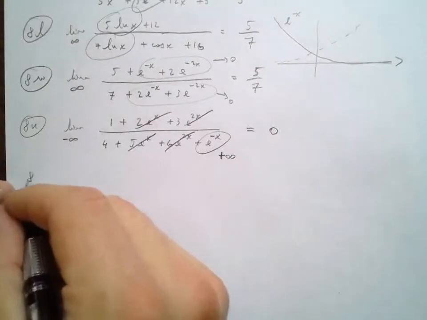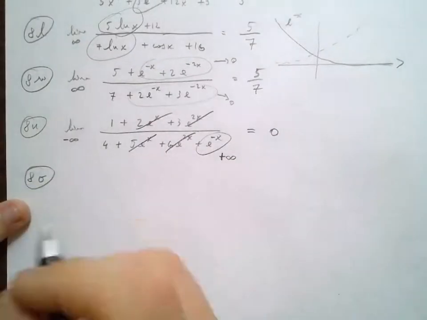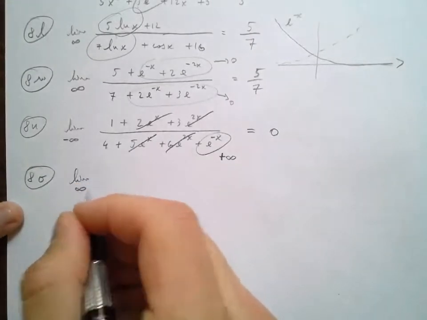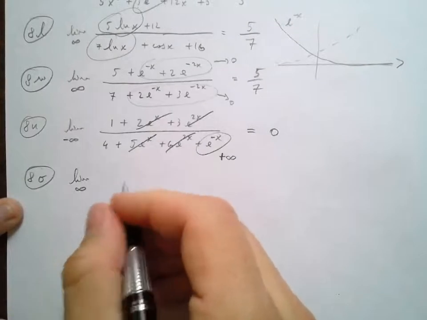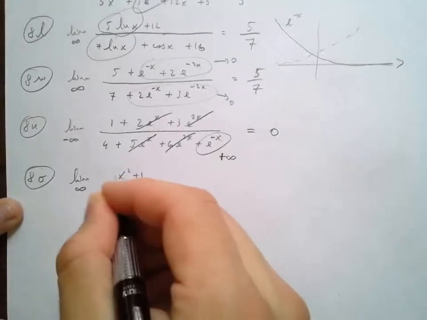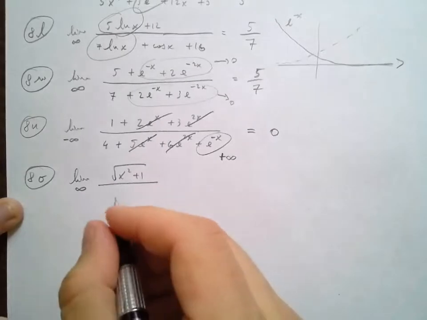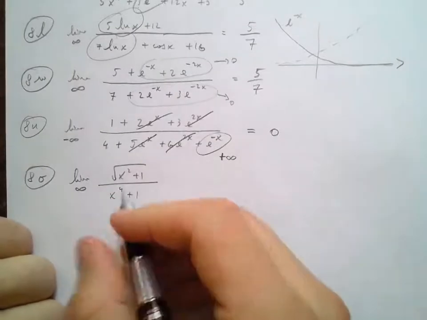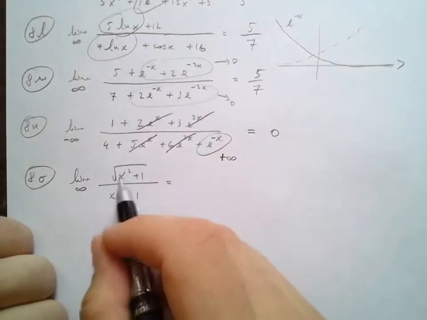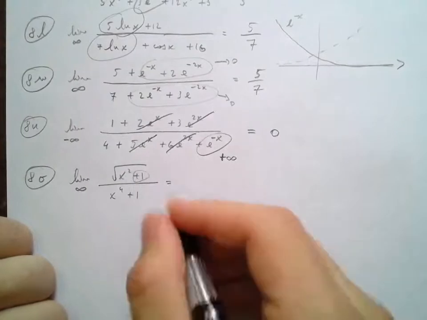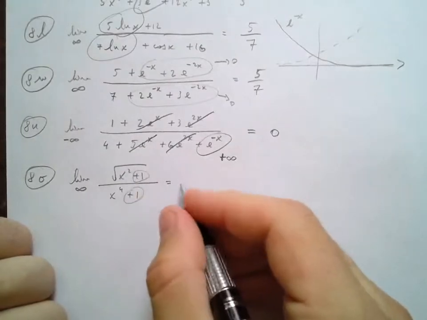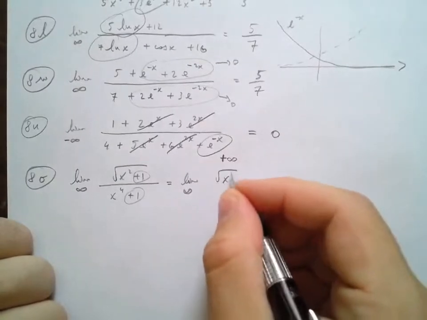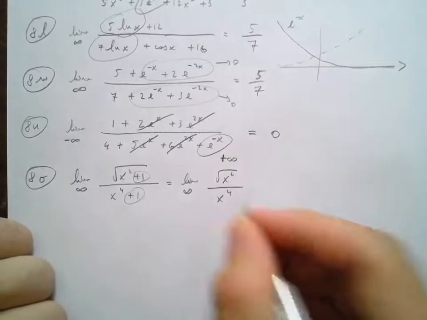Let's do 8o. This is the limit at infinity, and I have the square root of x squared plus 1 divided by x to the 4th plus 1. Now, as you plug in very large numbers for x, this plus 1 is not going to matter very much on the top or the bottom, so this is going to behave just like square root of x squared over x to the 4th.